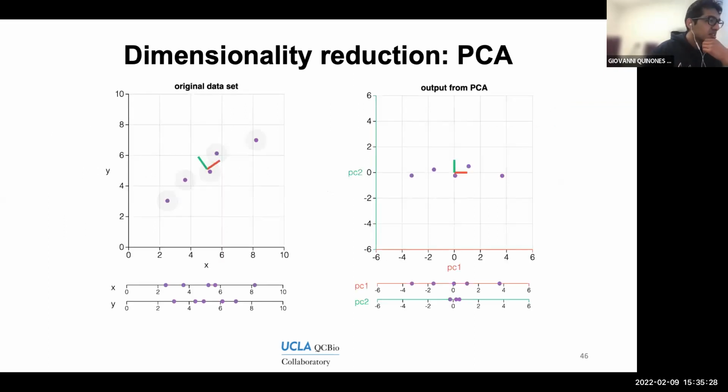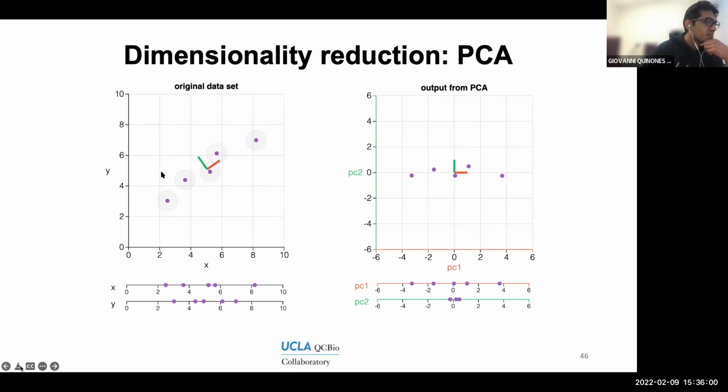We can start with a very simple example where we have data in 2 dimensions only. Here the X and Y axes indicate your 2 dimensions, and you have a series of data points that have coordinates in the 2 axes. So the goal of PCA will be to find a new axis in which we can represent this data.